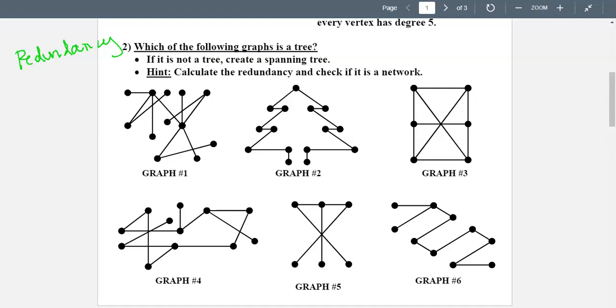So for redundancy, you'll need to know a formula. Sorry, I had a technical issue and needed to erase what I had written because it looks so bad.